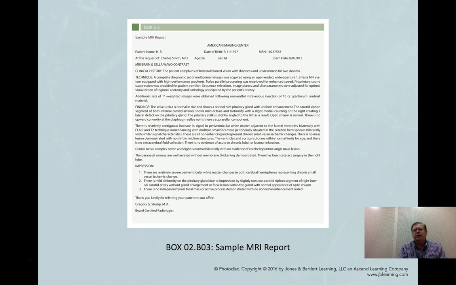prospective neuropathology. And here's an example of some of the language that you might see in a report from an imaging center. This is simply a sample. You would see in Hong Kong a report that comes from the University of Hong Kong Diagnostic Imaging Center, Diagnostic Radiology Center.